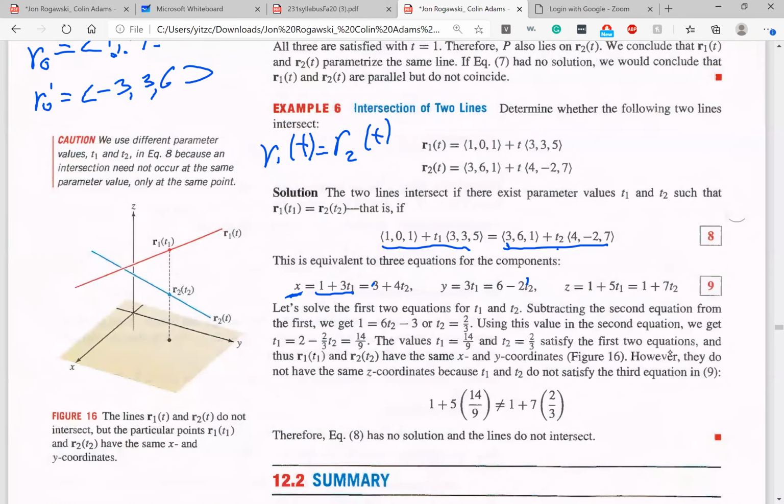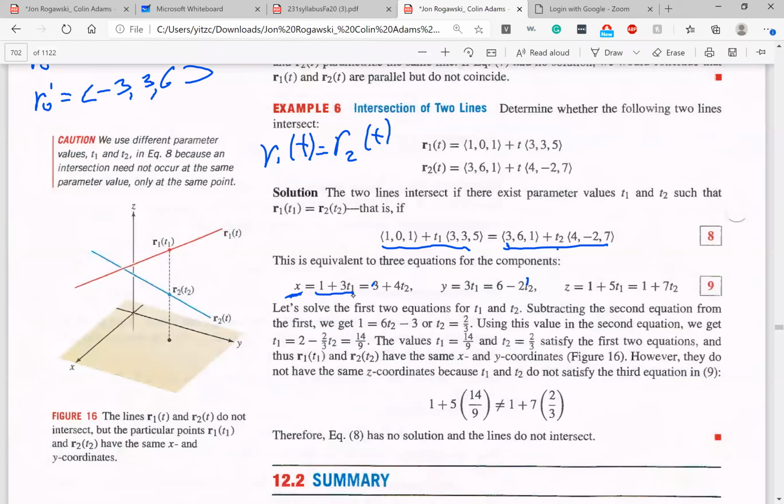And okay, that's just the normal way of solving two equations, subtracting the second equation from the first. We get that 1 is equal to 6 times t2 minus 3. So they are subtracting this from this, so the 3t1 and the 3t1 cancel. So you get that 1.